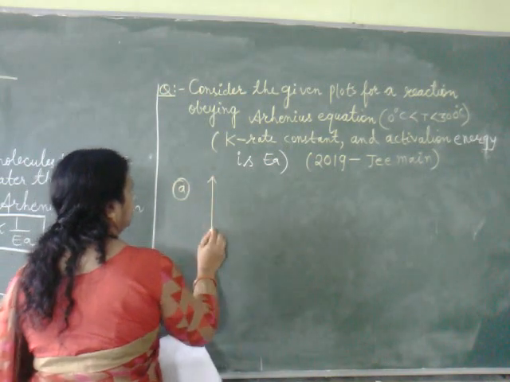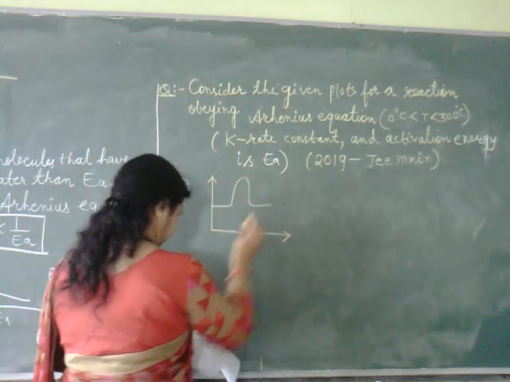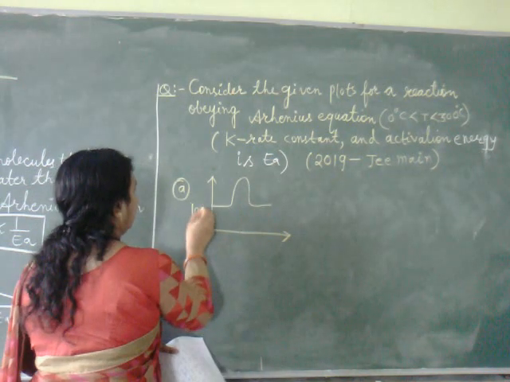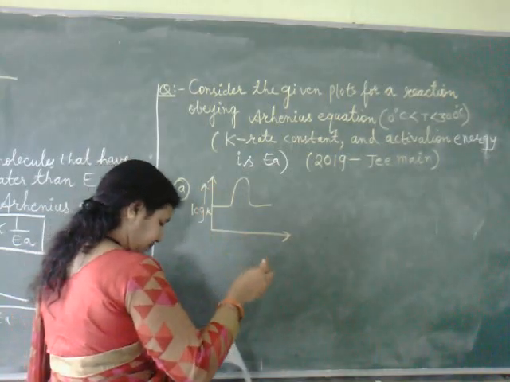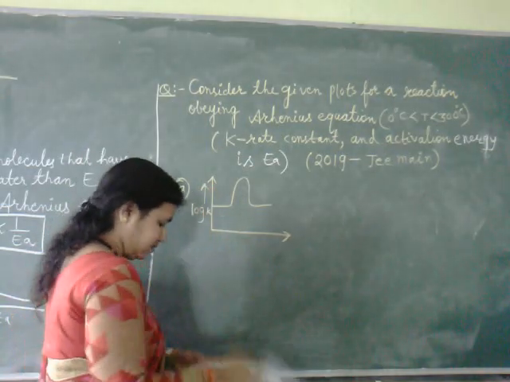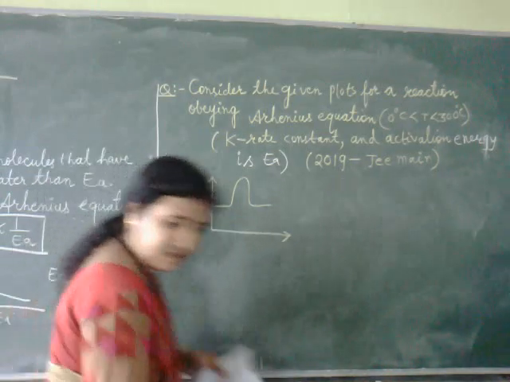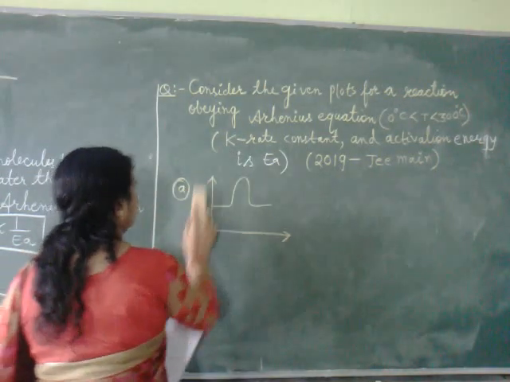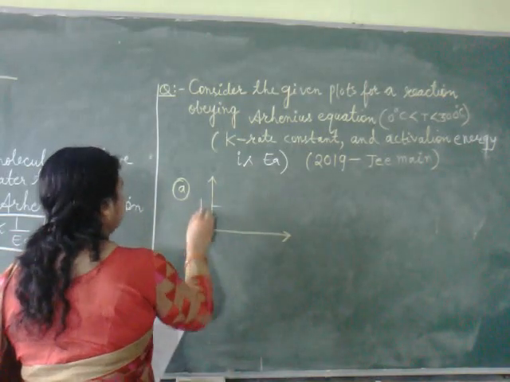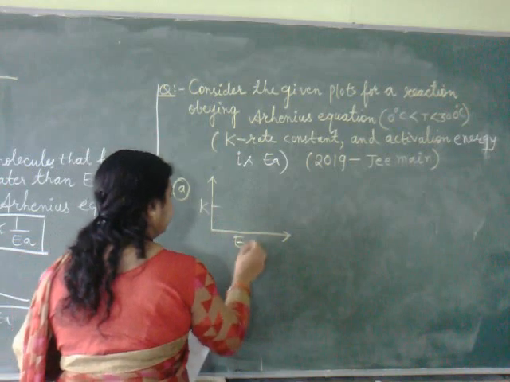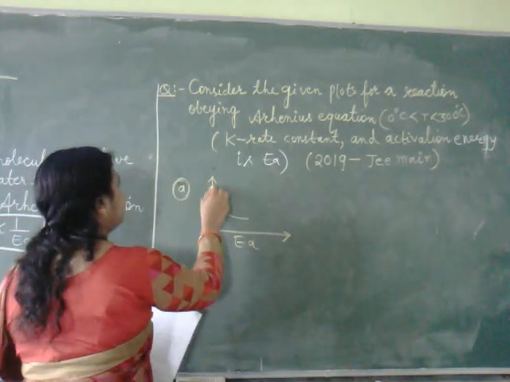Graph A is this one, log k versus Ea, and the graph is going like this.